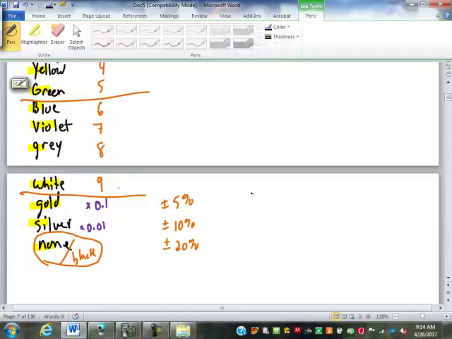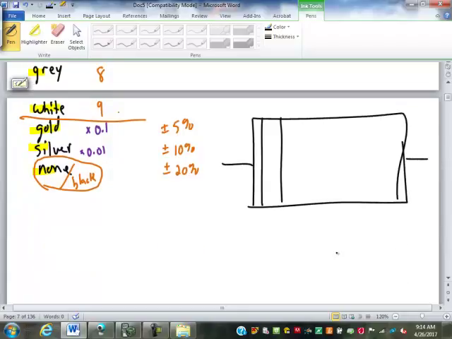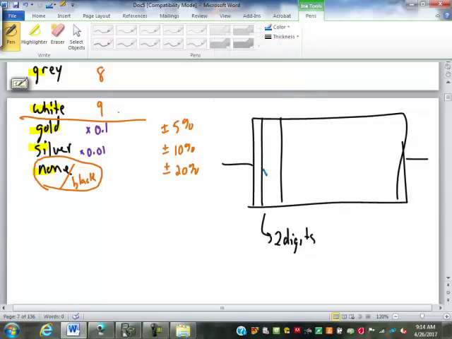So on a resistor, there are 4 bands. The first 2 bands are the 2 digits. So let's say this first one is blue and green.